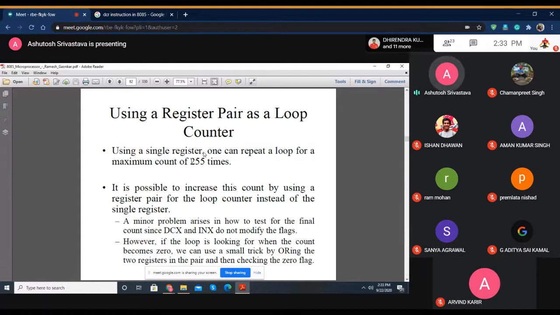If you want your loop to execute, say 400 times or 500 times or 1000 times, then this is a small modification that one would introduce, that is by ORing the two registers in the pair and then checking the zero flag.